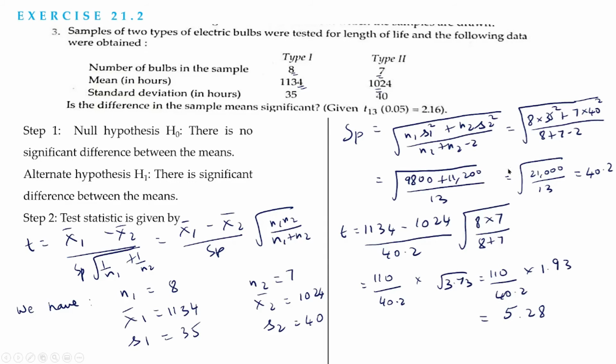Now this 5.28 is more than the critical t value at 5% level of significance and 13 degrees of freedom. Therefore, we have to reject H naught, and hence there is significant difference between the means. So 5.28 is greater than 2.16.